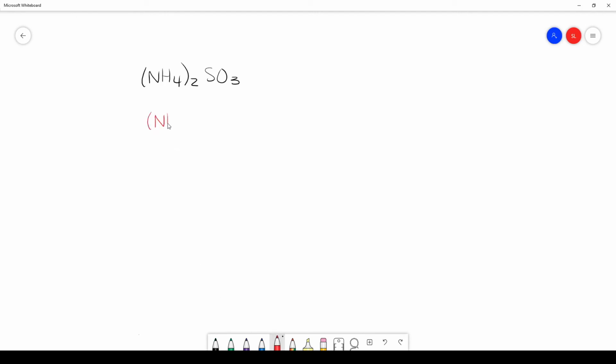So rewriting our chemical formula in terms of cation, then anion. The NH4 part is our cation, and the SO3 part is our anion. When you have polyatomic ions, this is one of the things that you get better at with practice.